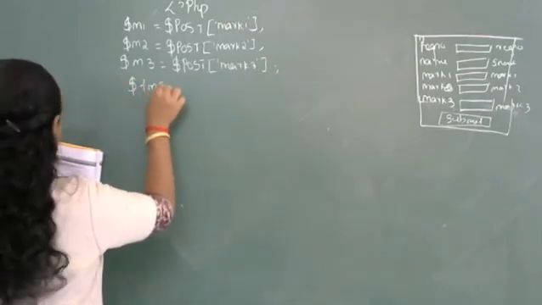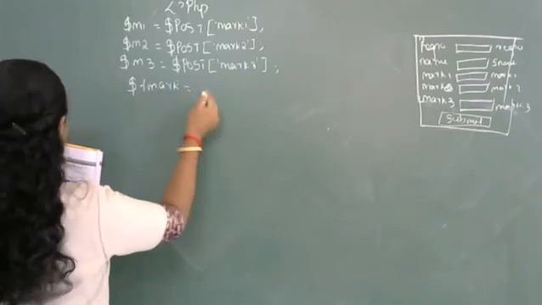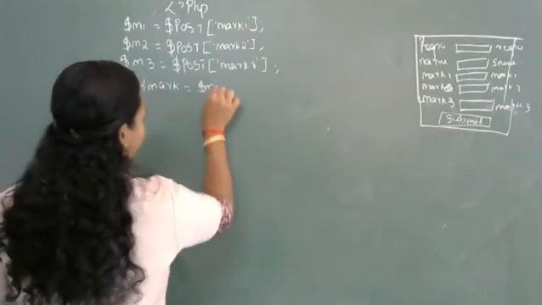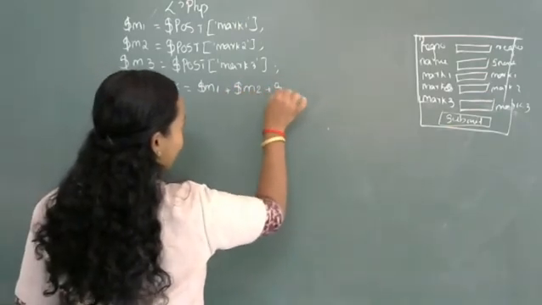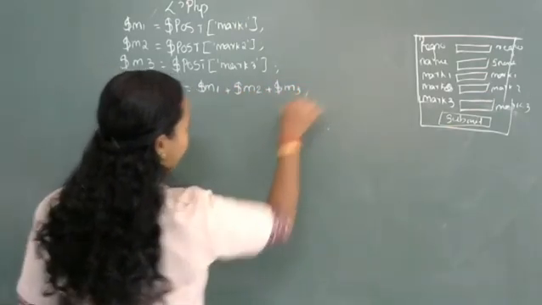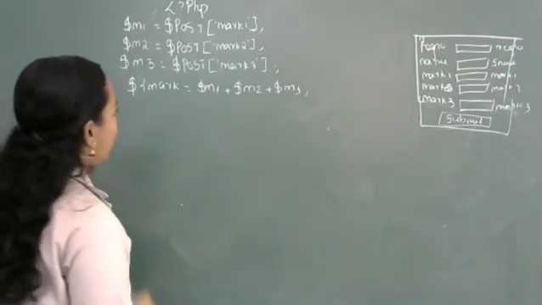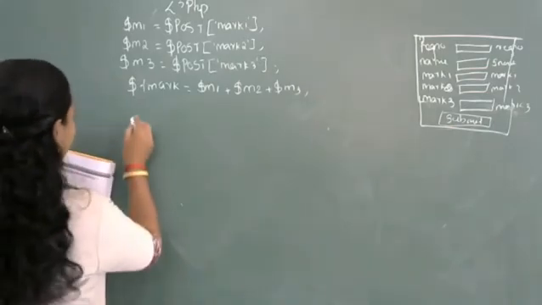$Tmark is equal to $M1 plus $M2 plus $M3.